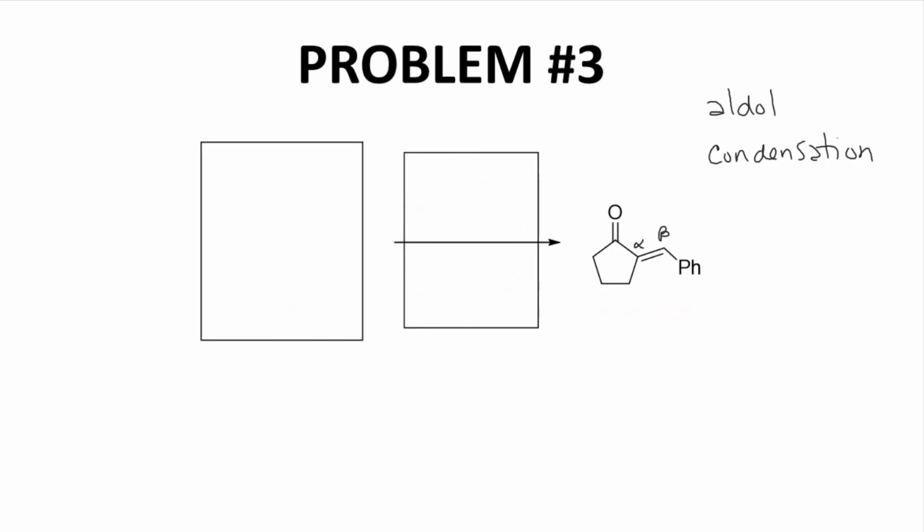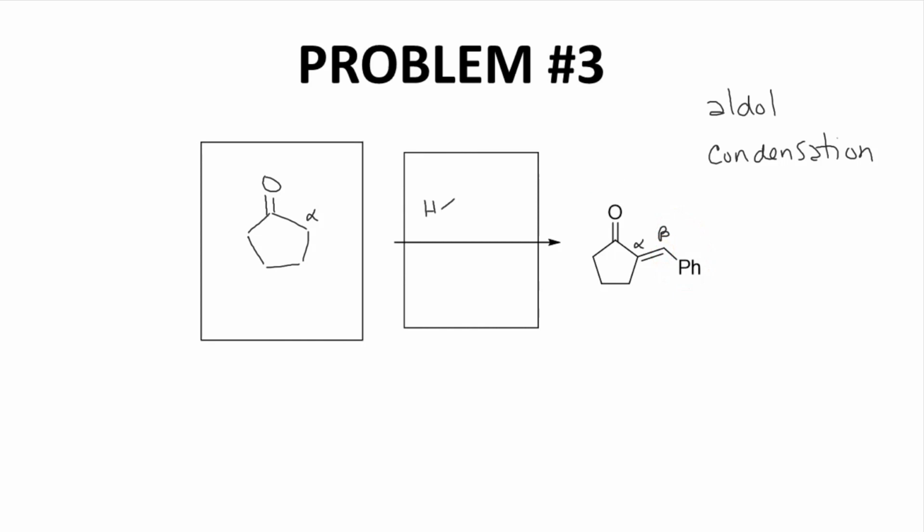Now let's identify our ketone. Our ketone includes the alpha carbon and nothing else. So our ketone is going to be cyclopentanone, and there's our alpha carbon. And the source for these carbons is going to be an aldehyde that gets attacked by the enolate. So again, the beta carbon is going to be from our aldehyde carbon.